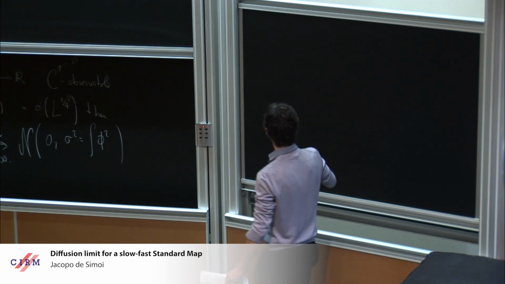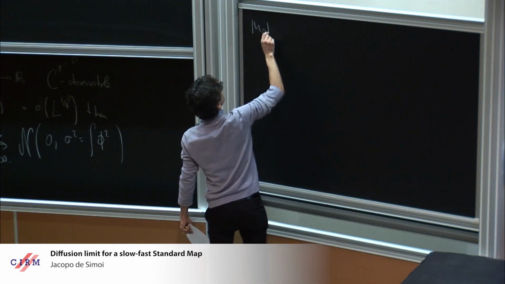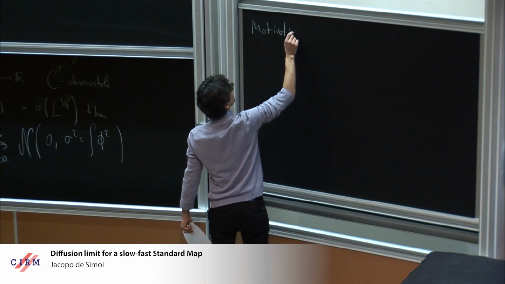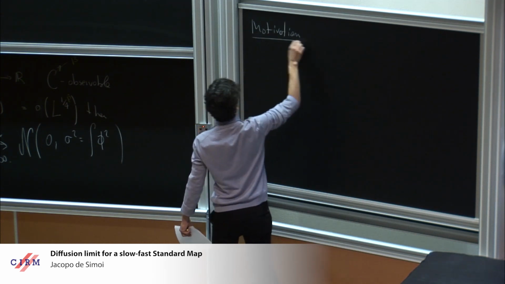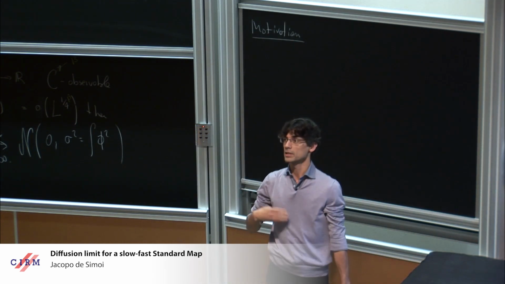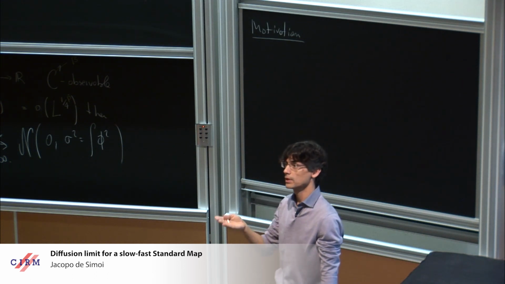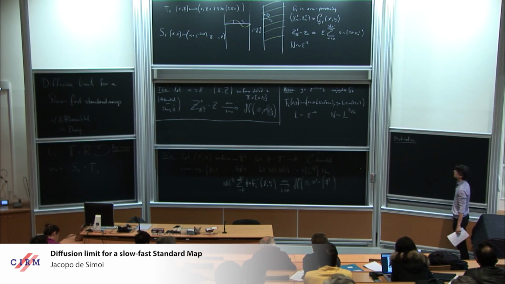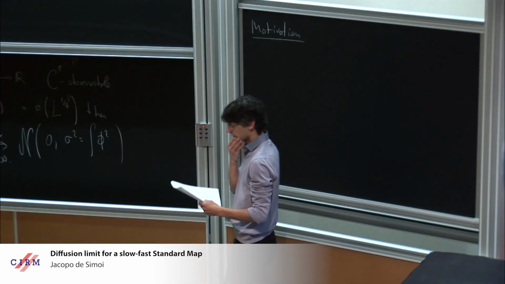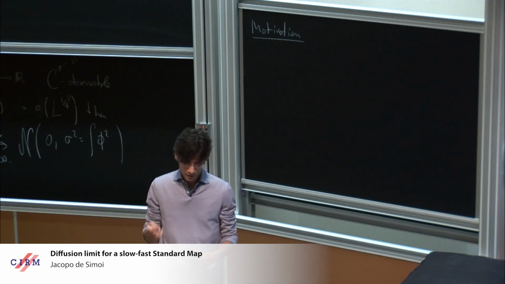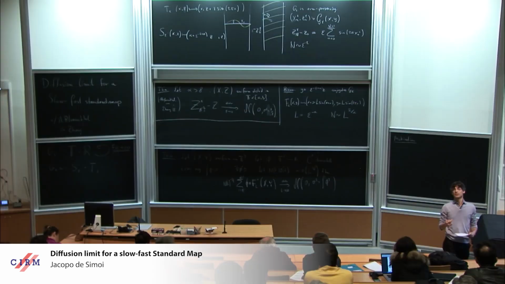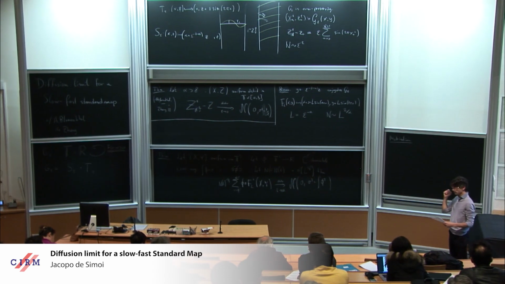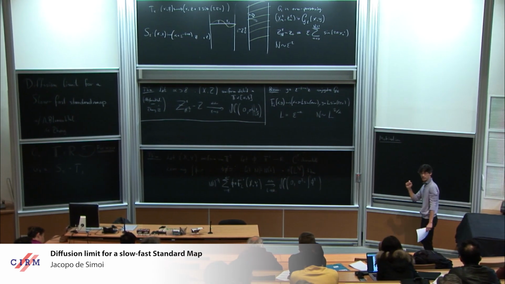I will be deliberately very vague and quick in this part, because again, it's just a motivation, but hopefully I would like to convey that this is not a completely unreasonable system to study. So the motivation is averaging of nearly integrable systems for quasi-periodic fast motions in the presence of resonances.